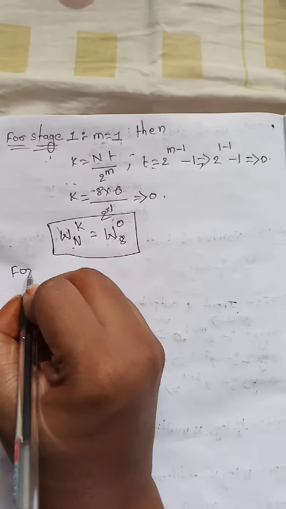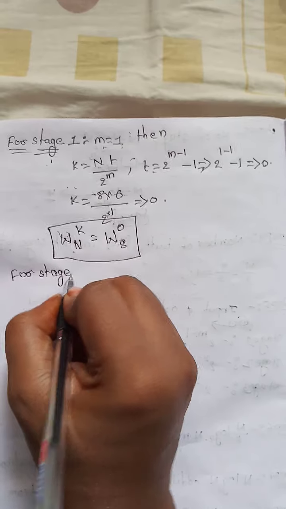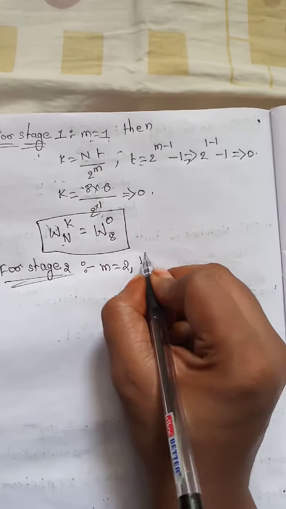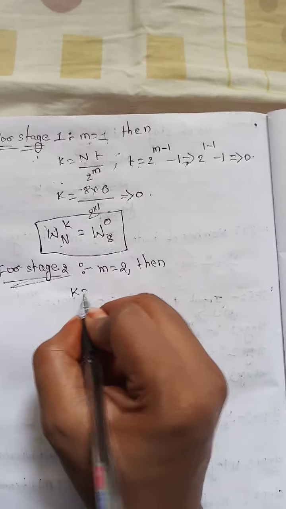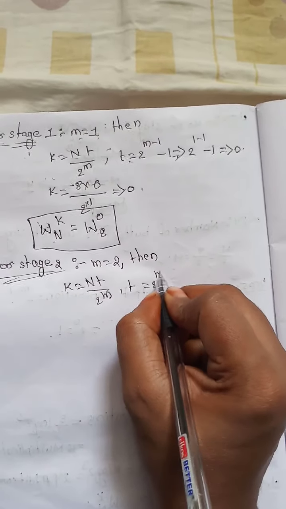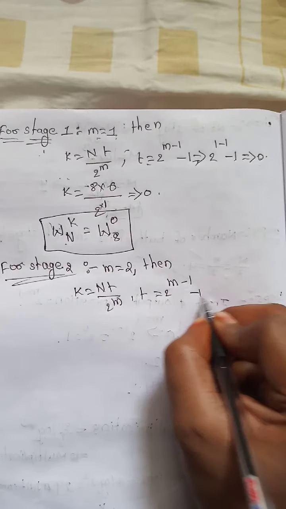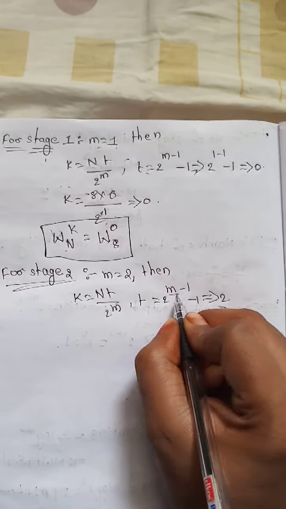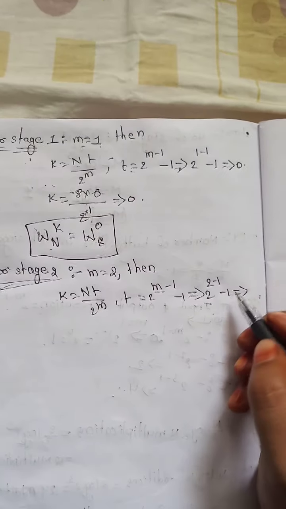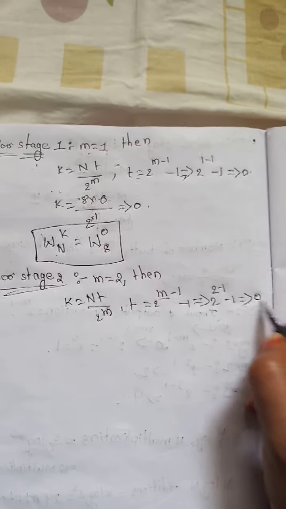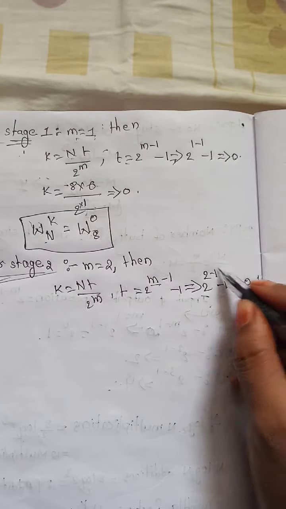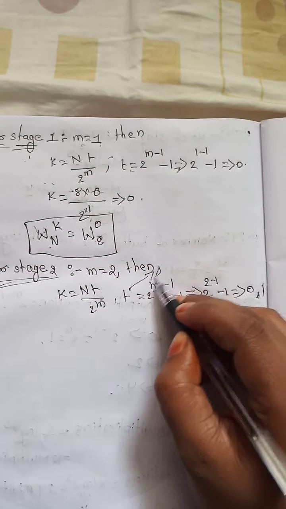Likewise for stage 2, the small m value is 2, then k is equal to nt by 2 power m. So t is equal to 2 power m minus 1, here m is equal to 2, then 2 power 2 minus 1 is equal to 1.